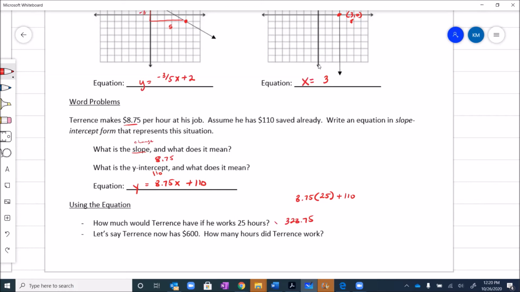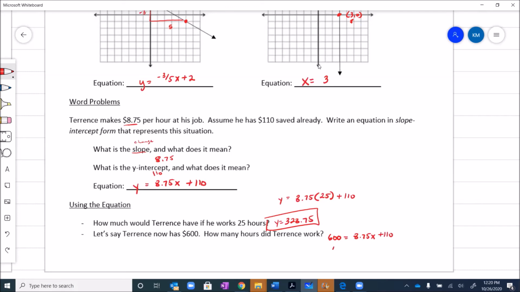Okay. And then it says, let's say Terrence now has $600. How many hours did Terrence work? Well, in this equation, our y now is what we know, and that's 600. We don't know the other part, 8.75x plus 110. And so now we have an equation just to solve.